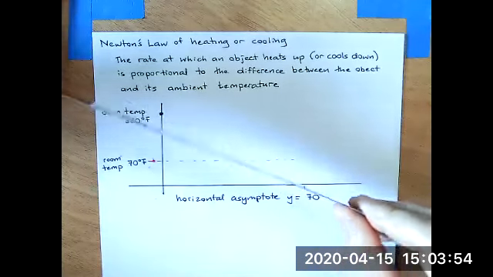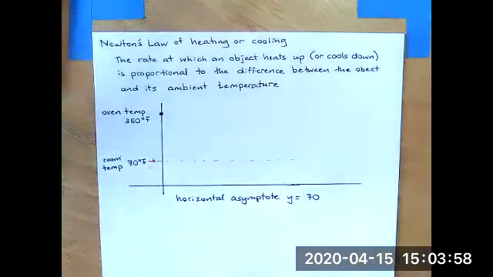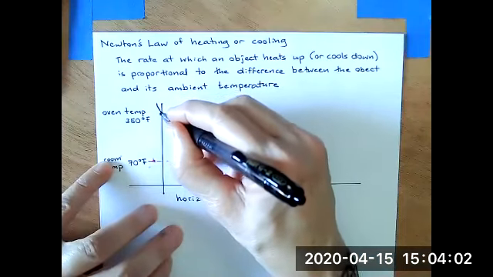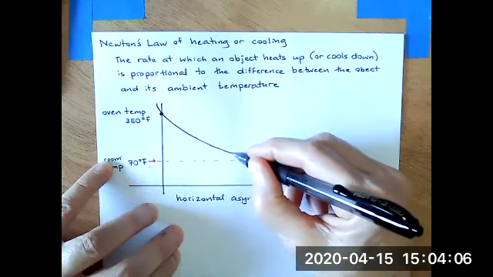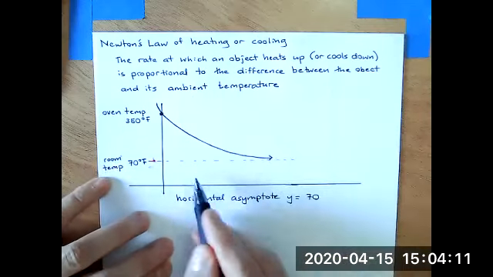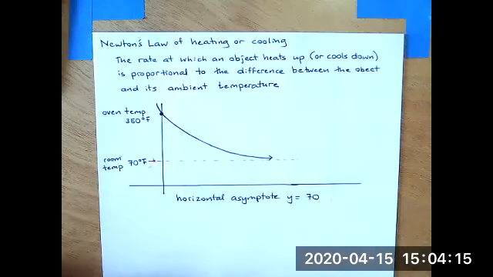So obviously, this graph will be concave up, because the cooling slows down as the temperature approaches room temperature.